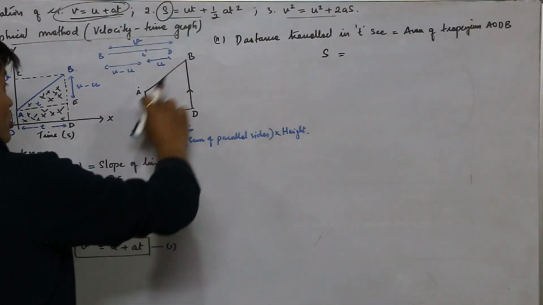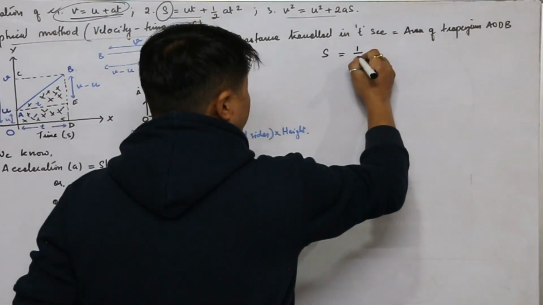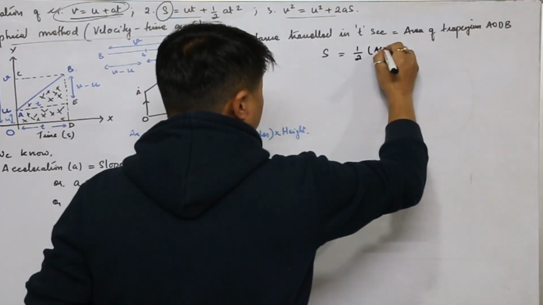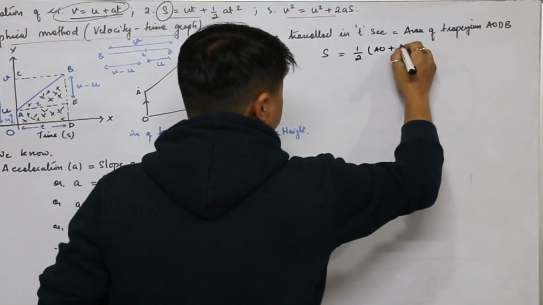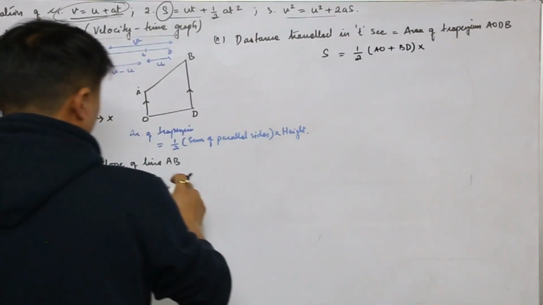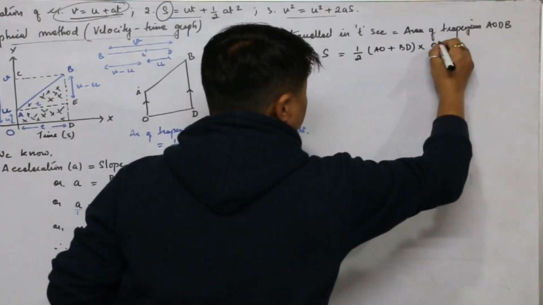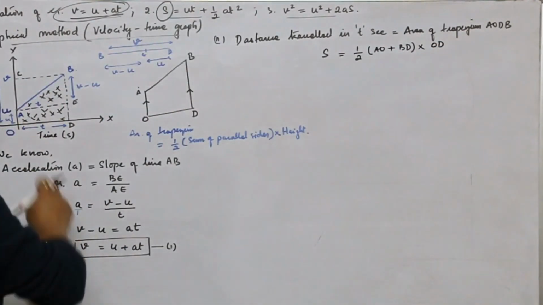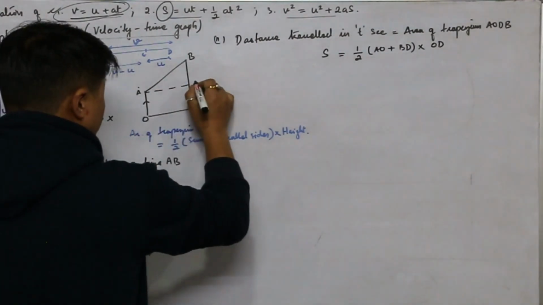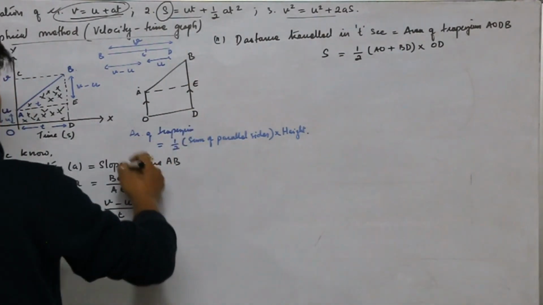So here AO and BD are the parallel sides. We can write half into AO plus BD into height. Height is here, OD. OD is the height, or AE is the height. We know that BD is how much?